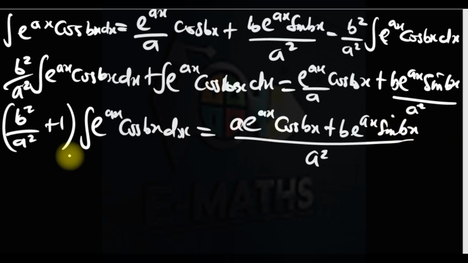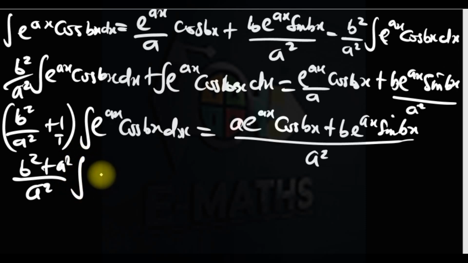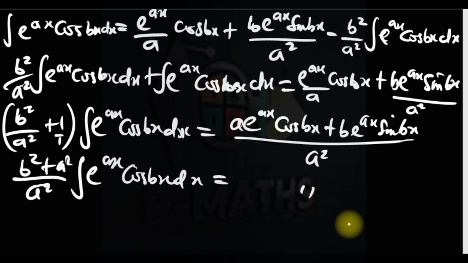That's what we are left with. We can still write this with LCM a squared, so I have b squared plus a squared times the integral of e raised to power ax cos bx dx is equal to this.